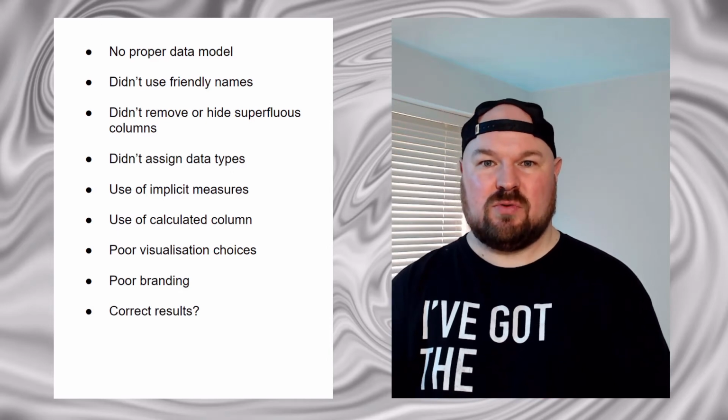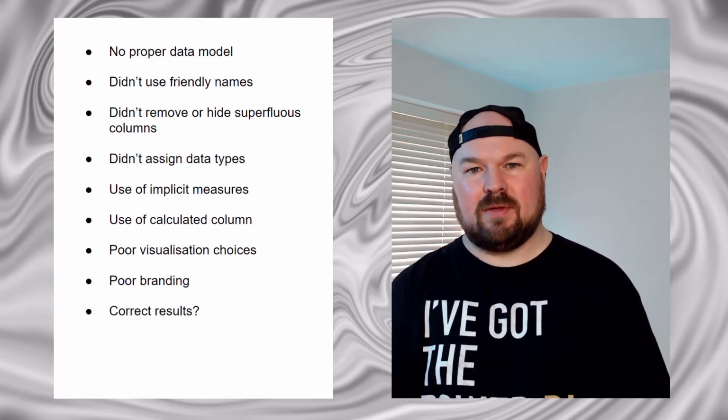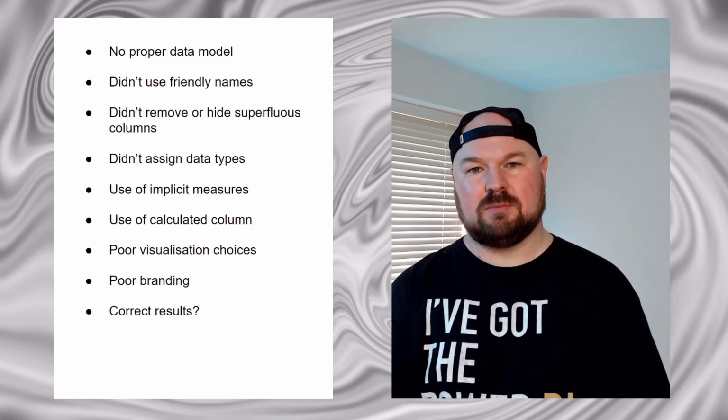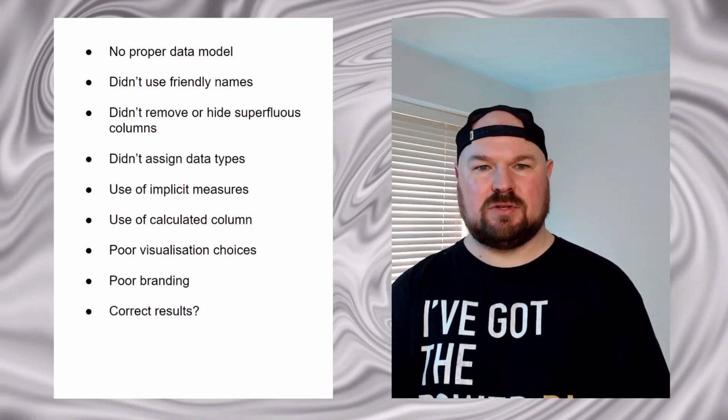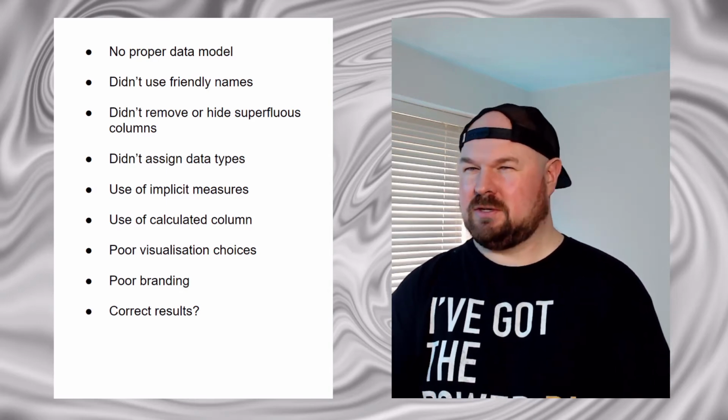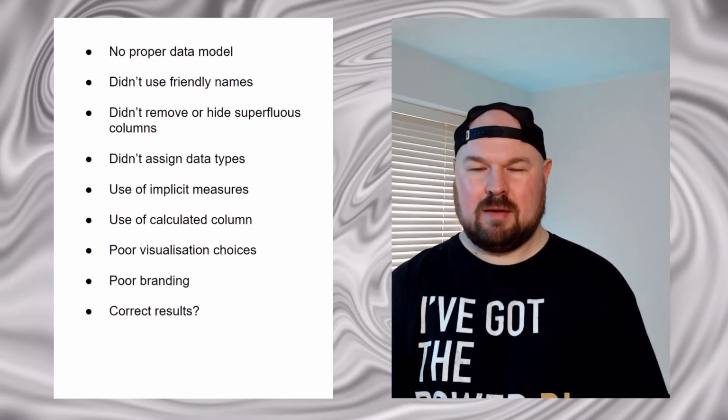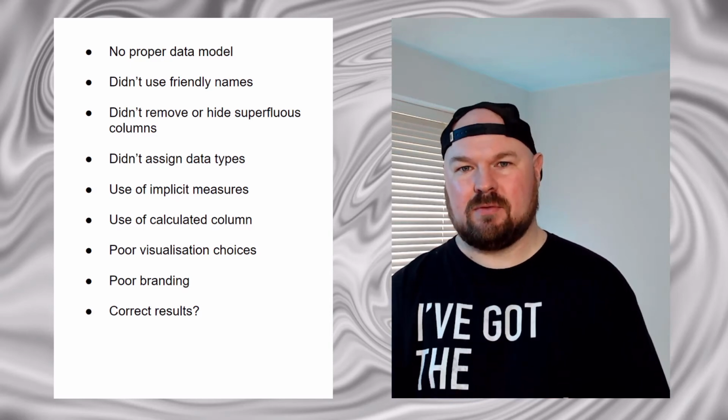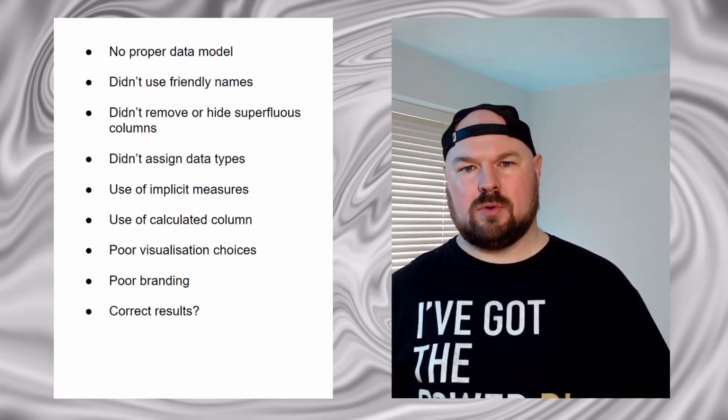Lastly, were the results of the report even correct? That definitely, when I was sort of clicking through and looking at some of the examples, the fact that I was using that average of average, which always seemed like a bit of a dodgy practice anyway, but I'm not even convinced it was actually giving me the correct results anyway. So yeah, loads of really, really, really bad practices in there. If you spotted any others, let me know in the comments.